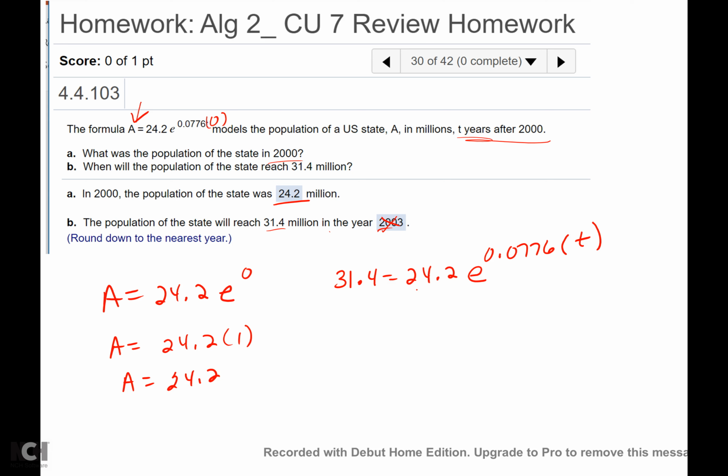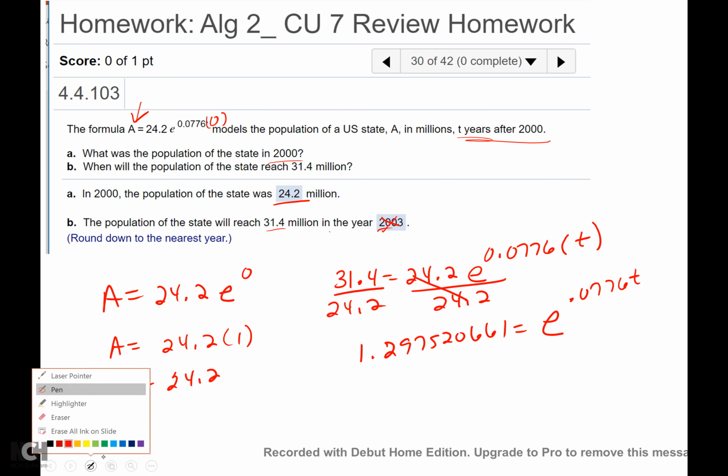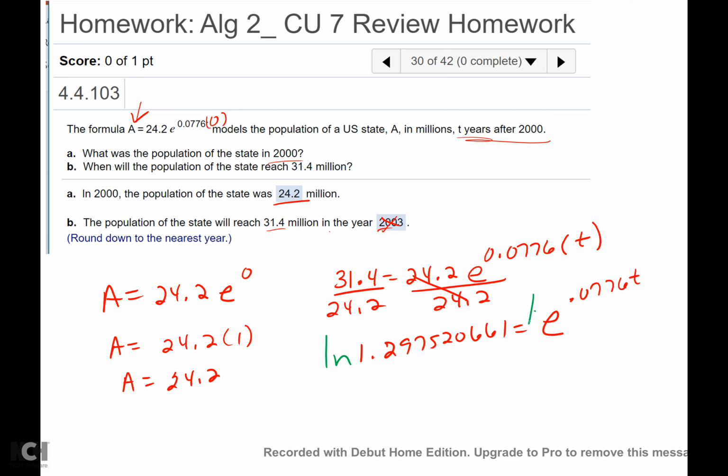So I gotta isolate to drop it. I'm gonna divide by 24.2. So 31.4 divided by 24.2. You get 1.297520661 equals e to the 0.0776t. Alright, so now to solve it for t, I'm going to ln both sides.